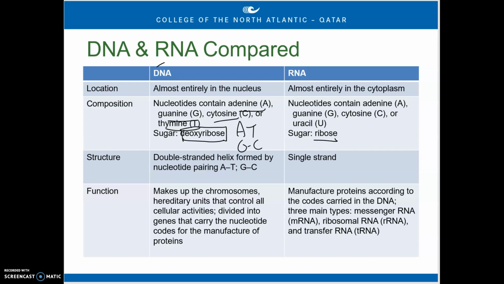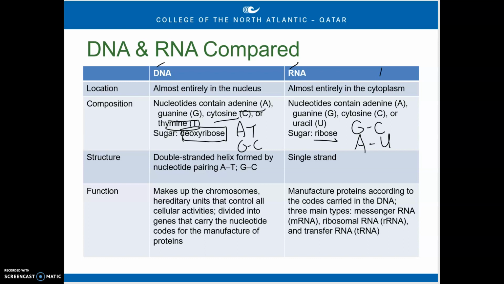Deoxyribose is where we get the D, and ribose is where we get the R. The nucleotides are going to be slightly different. In RNA, we still have the guanine and the cytosine, and they're going to pair together. We also still have the adenine, but we don't have thymine. Instead of thymine in the RNA, we have uracil. So those are slightly different nucleotides that make up RNA.